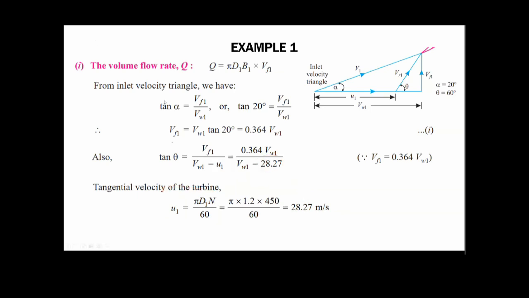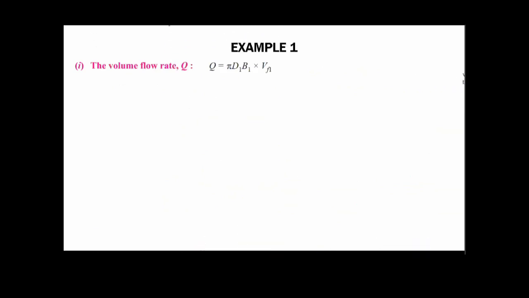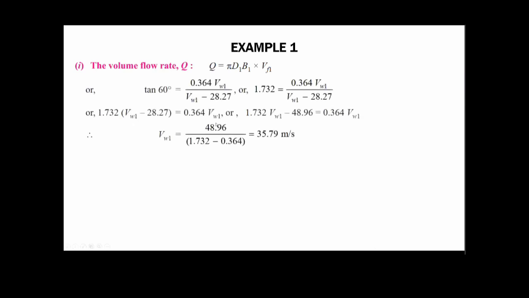Next, we can calculate VW1 in order to get VF1. Tangent 60 degrees equals 0.364 VW1 over VW1 minus 28.27.